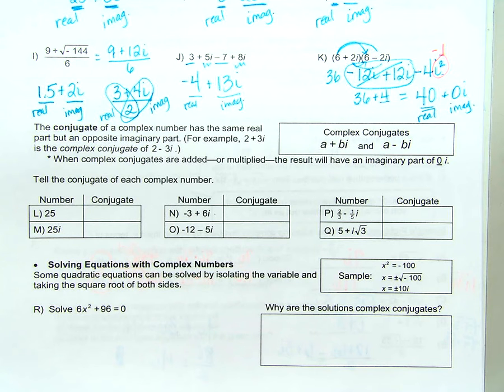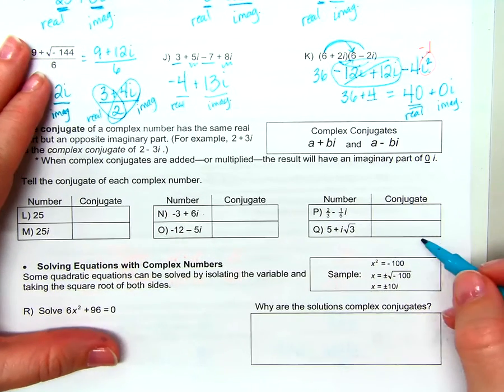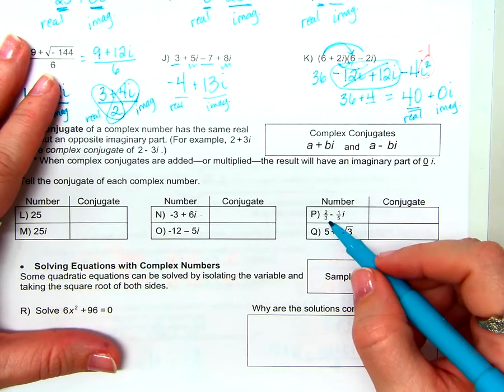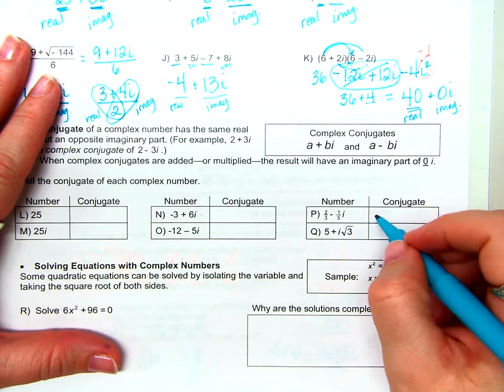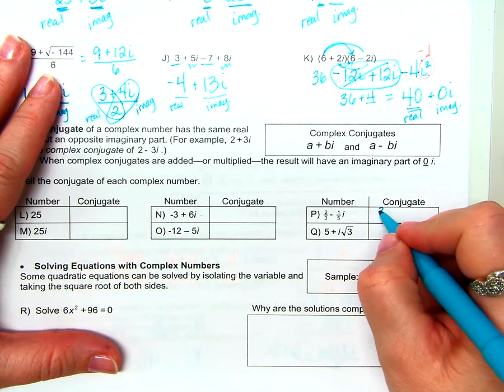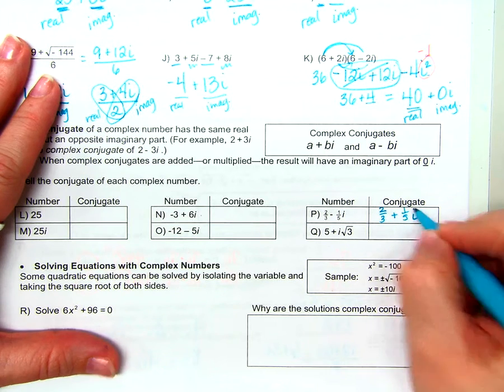Okay, we're going to do problem P first. Are you ready? If your number is 2/3 minus 1/5 i, the complex conjugate is 2/3 plus 1/5 i.